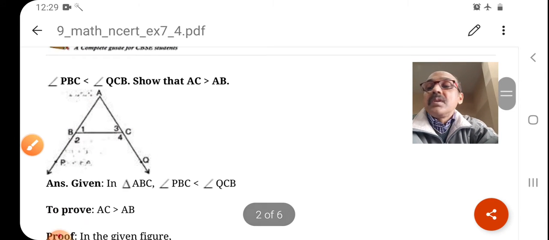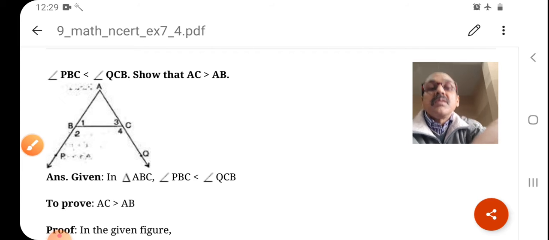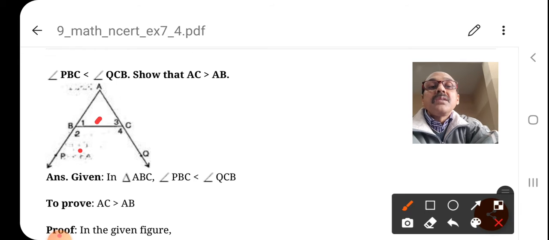Now take the angles: this is angle 1, 2 and this is 3, 4. We are taking these four angles, 1, 2, 3, 4.